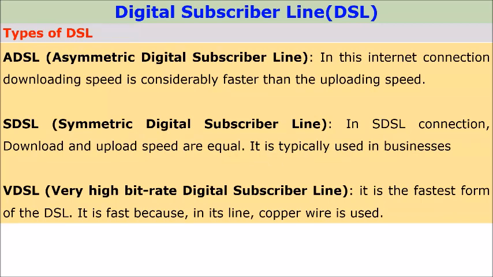The cost is somewhat high when compared with the other two. Therefore, large organizations use this VDSL type to get internet in their organization. Right. Those are the types of DSL available here. Right. Okay, you can write down these types in your notes now.